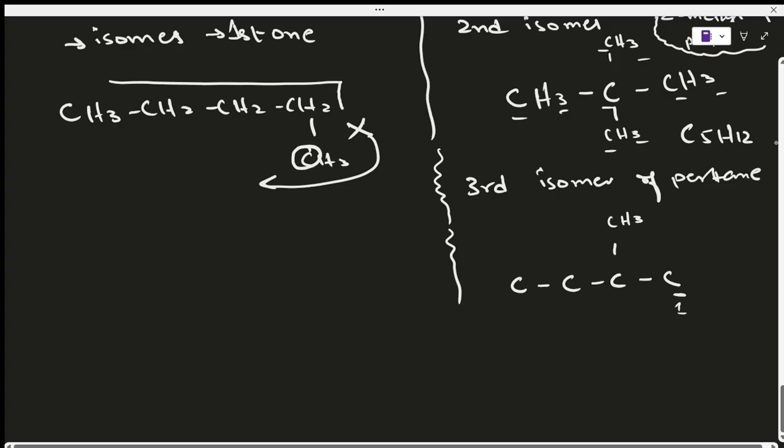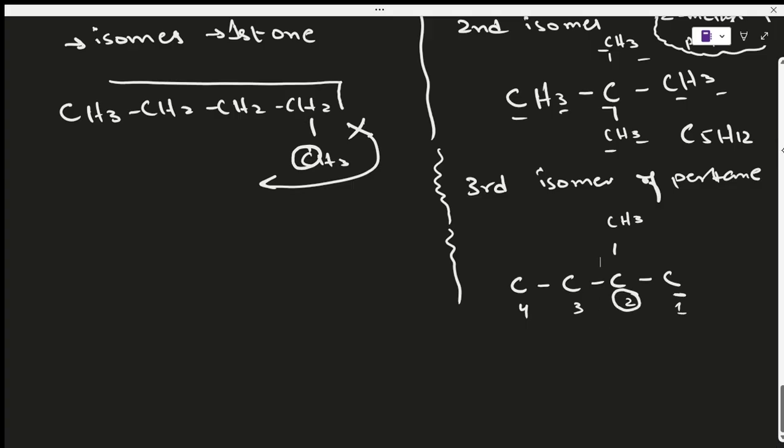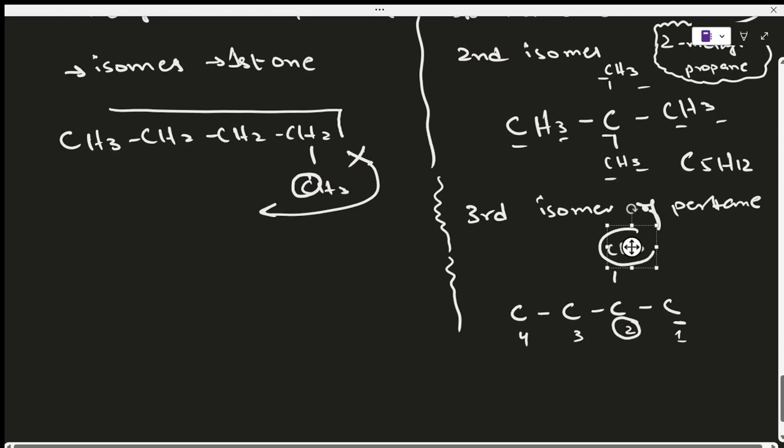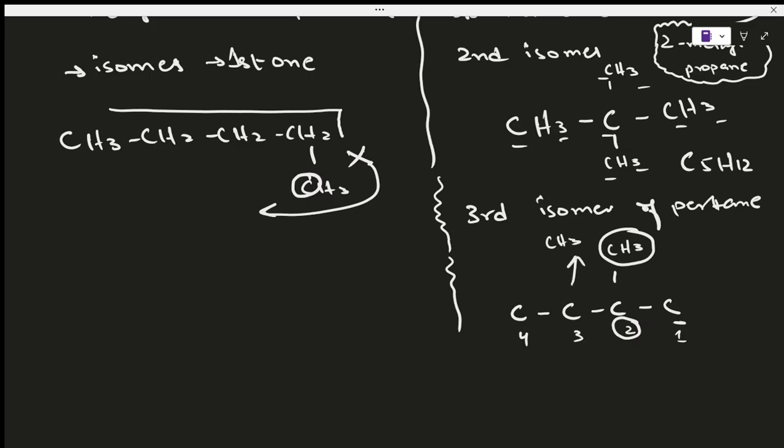So this is 1, this is 2, this is 3, and this is 4. So in both molecules, you have the 2 here. This is the second carbon here, and this is also the second carbon here, which means even if I place the CH3 here or here, it makes no difference, because when it comes to naming, it's exactly the same molecule. So this is not a different isomer. This is the same molecule as the one we studied above.